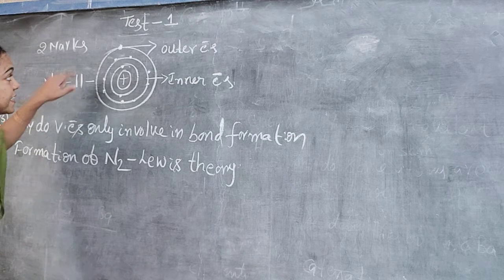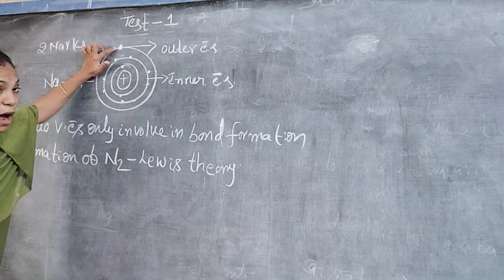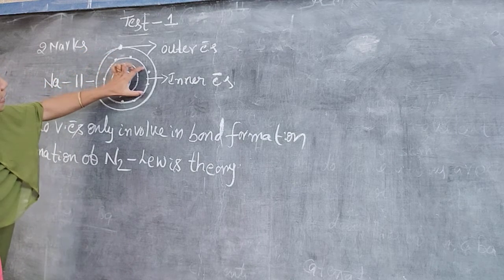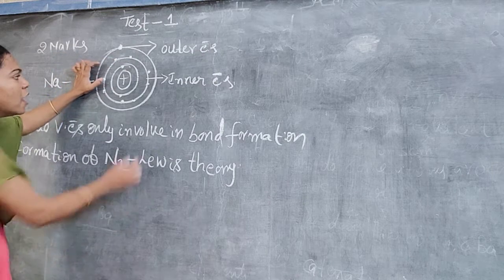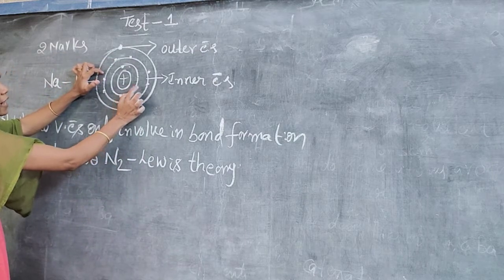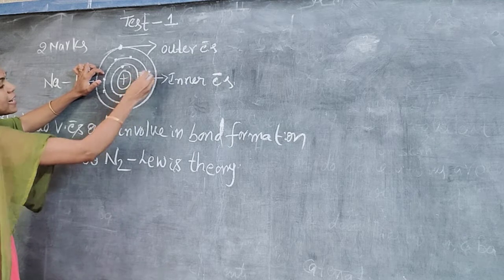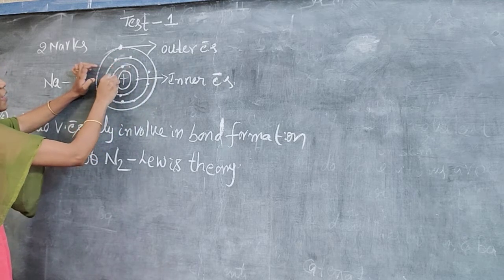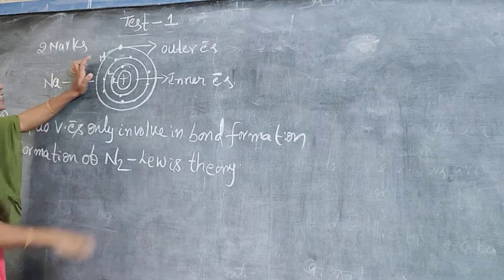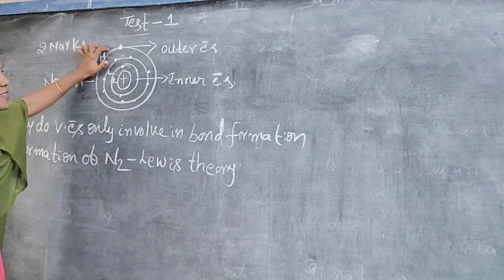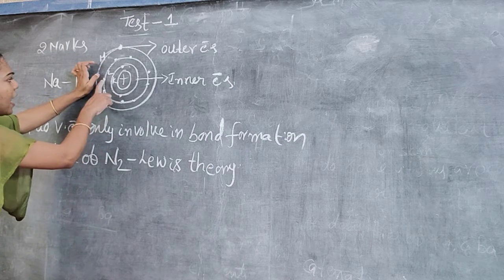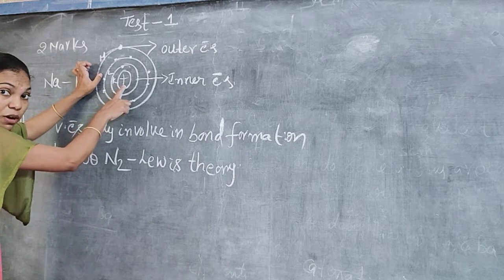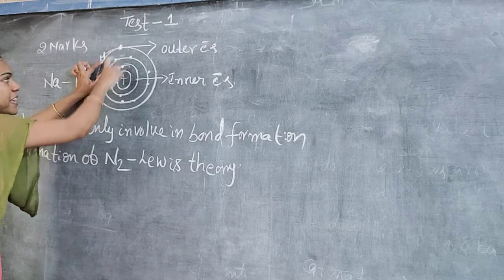What is the question? Why are only valency electrons involved in bond formation, and why are inner shell electrons not involved? Because the K and L shells are both inner shells, and M is the outer shell. The K and L shells are near the nucleus, but M is far away from it.